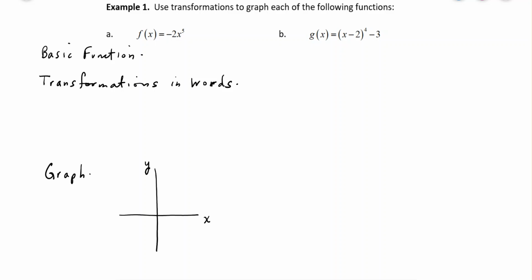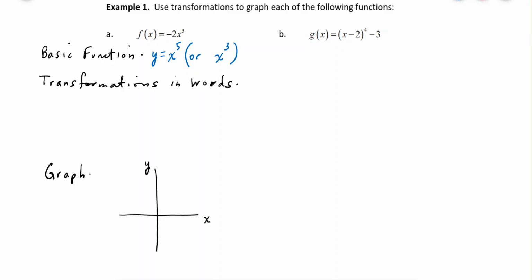Okay, so in this first example, the basic function is y equals x to the fifth, or we could say x cubed, since again that's the same basic shape. We're not trying to be too precise. We just want the basic shape of the graph. So then the transformations. We're multiplying the x to the fifth by negative 2.